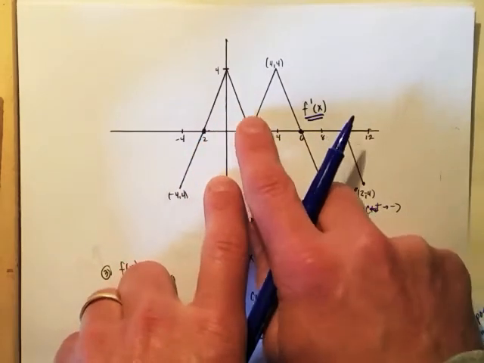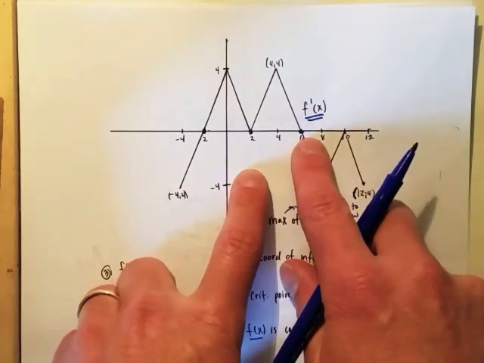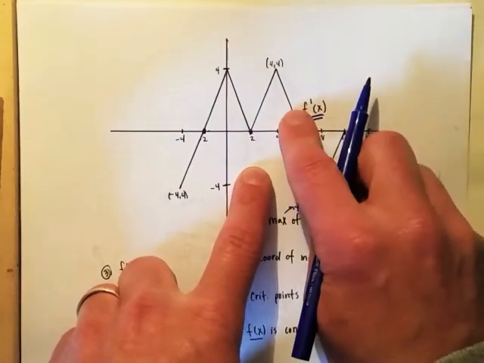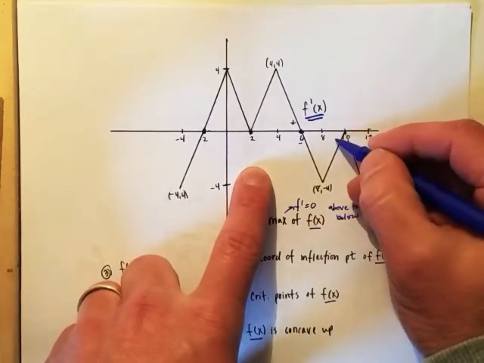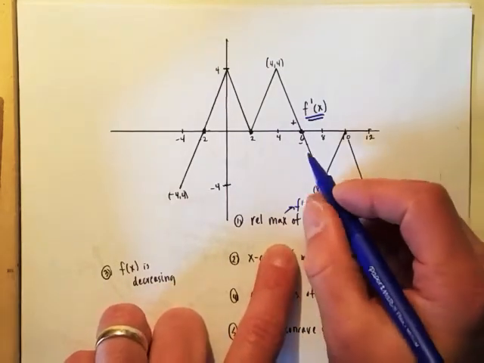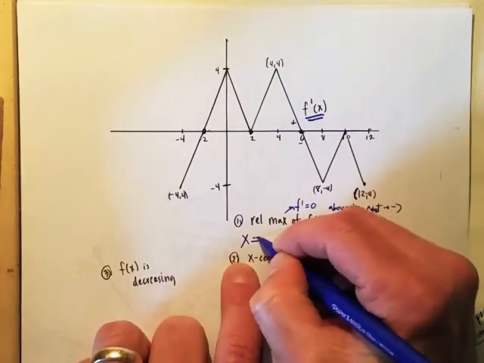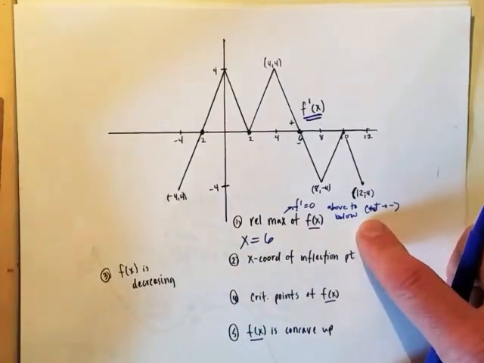So that's not correct. This one goes from positive and bounces back to positive. This one goes from positive to negative, above to below. And lastly, this one, I forgot to check, goes from negative to negative, so that one's not correct either. So the only relative max that we're going to have here is x equals 6 because of those characteristics.